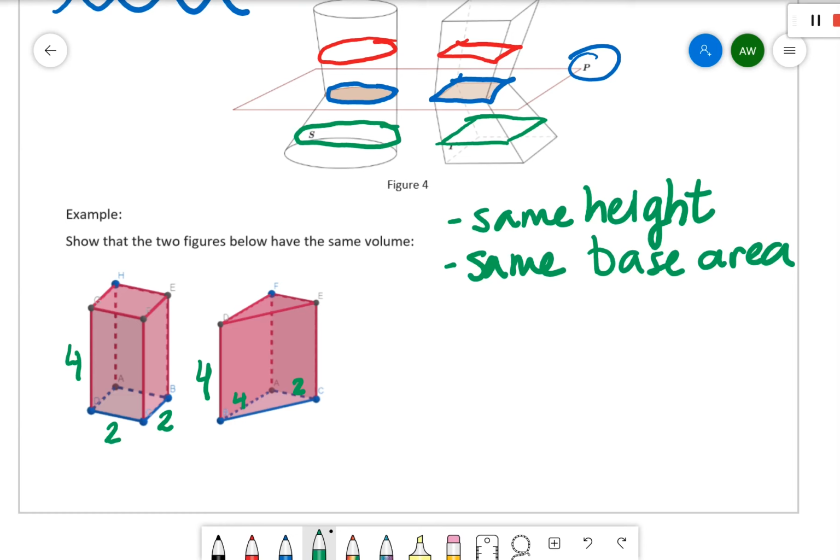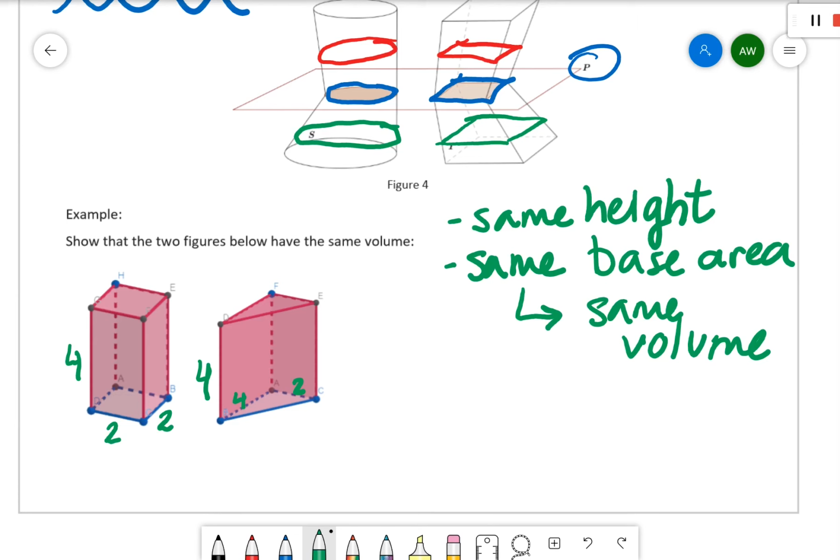All the cross-sectional areas are the same as the base. If I can show that they have the same base area, then I can say they have the same volume, right? This is my logic. They have the same height, they have the same base area, therefore they have the same volume. And this is how we do this for cylinders.